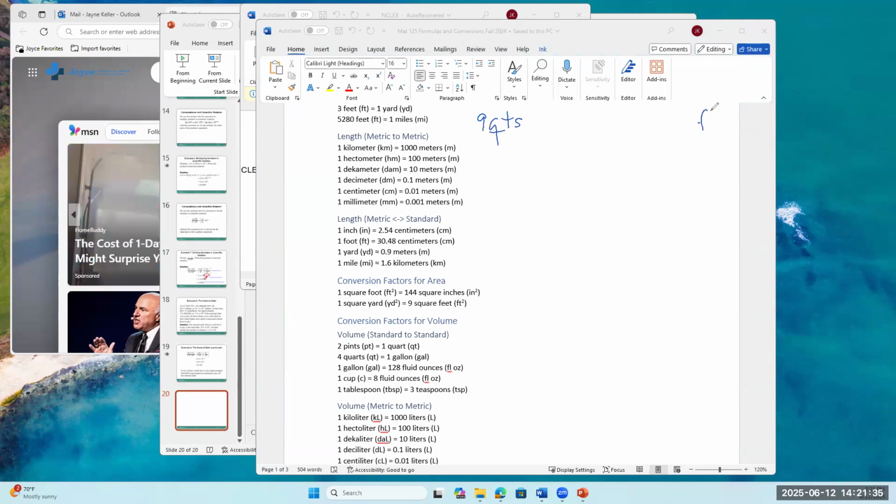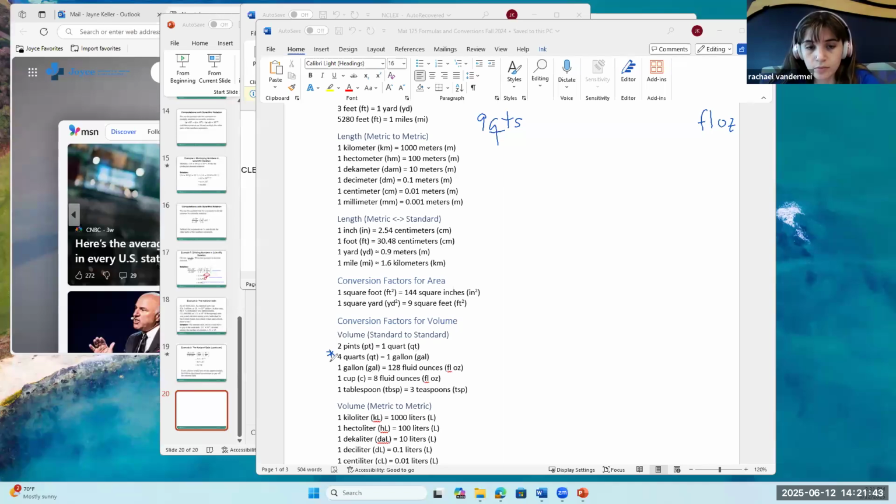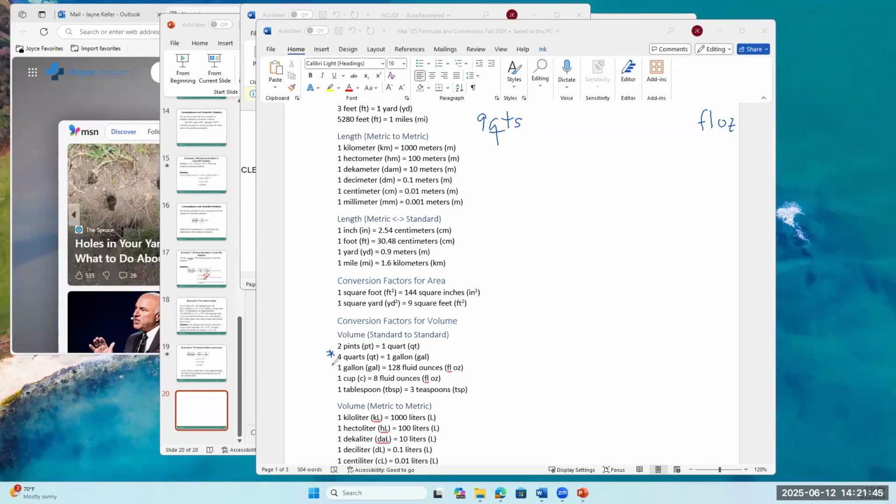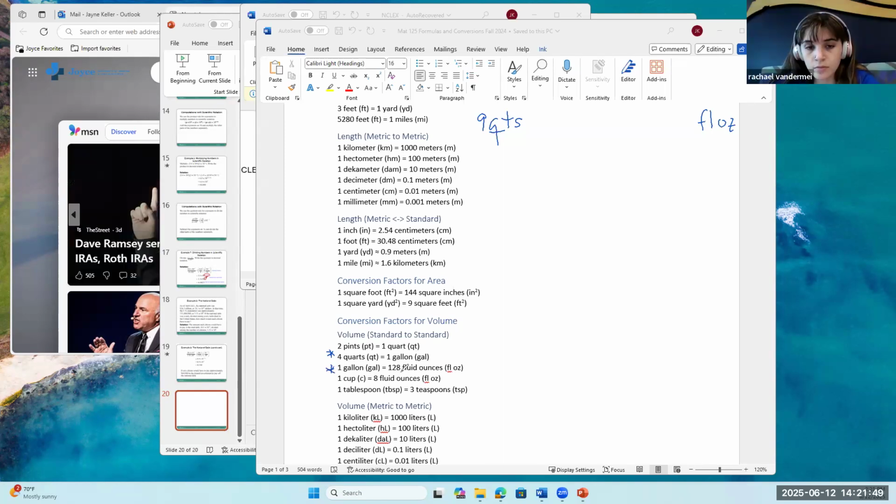My goal is to end up with fluid ounces. So I have quarts to gallon, and I have gallon to fluid ounces. So that's probably what I would do then. If I convert quarts to gallons and then gallons to fluid ounces.